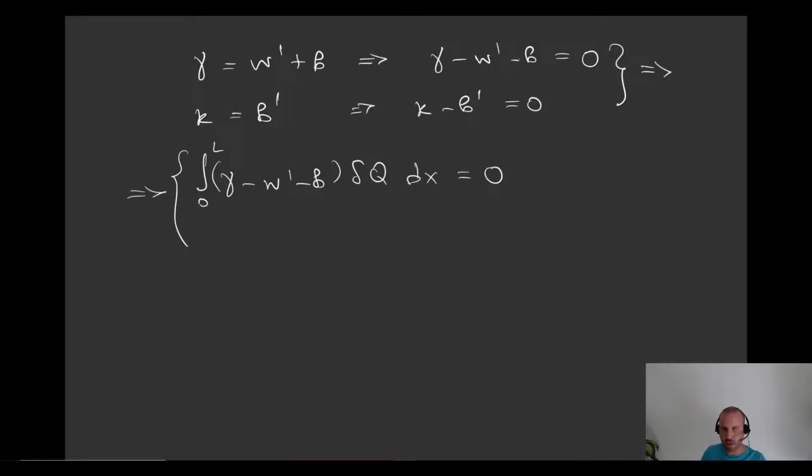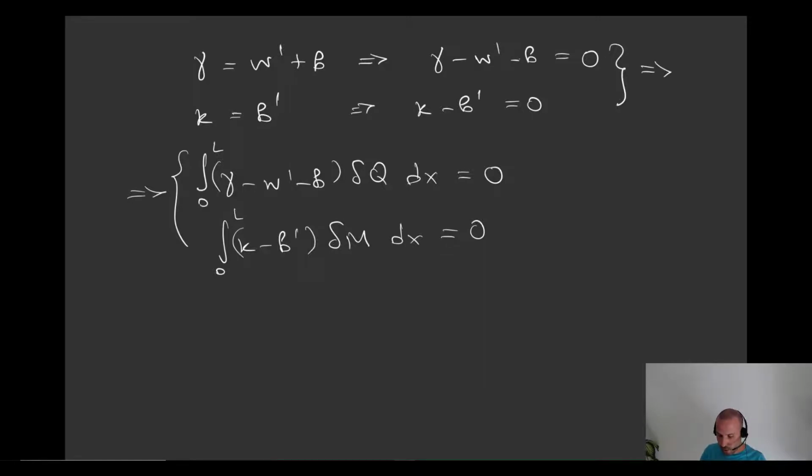So we need to take the second residual equation associated with the change in the curvature, kappa minus beta prime. And this we have to multiply now, obviously, if you recall from the first chapter where we learned about the Timoshenko beam formulation and the corresponding virtual work, with the variation of the moments and integrate over the domain 0 to L dx, and this has to be equal to 0. Okay, I hope that makes sense up to this point.